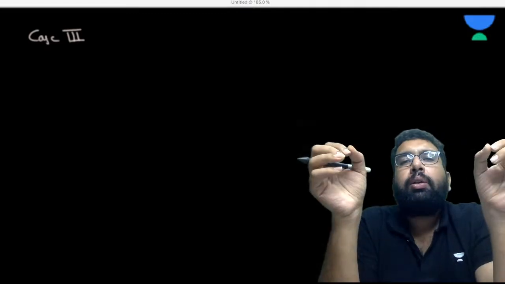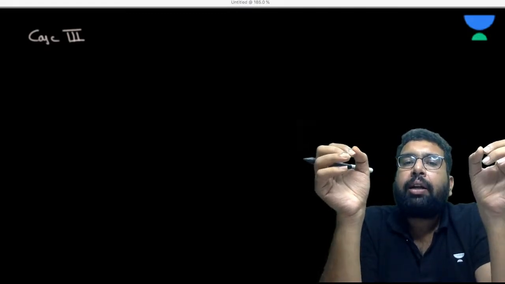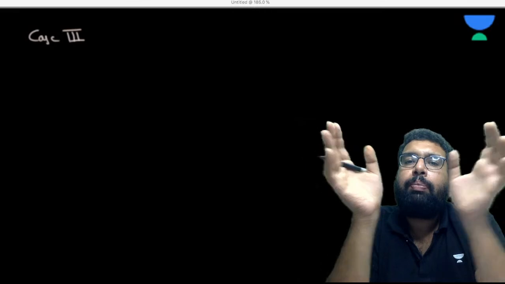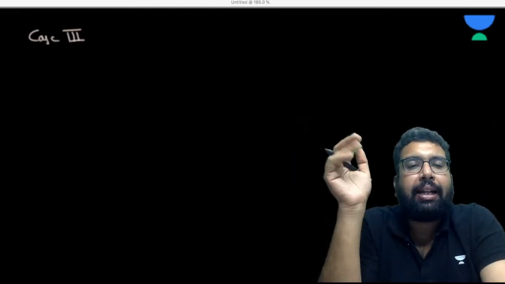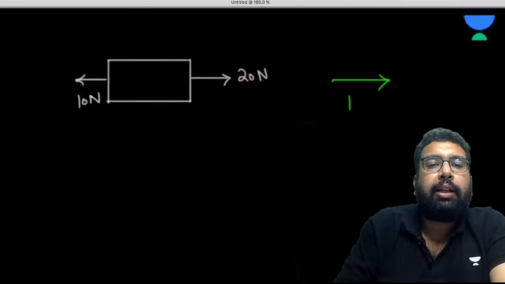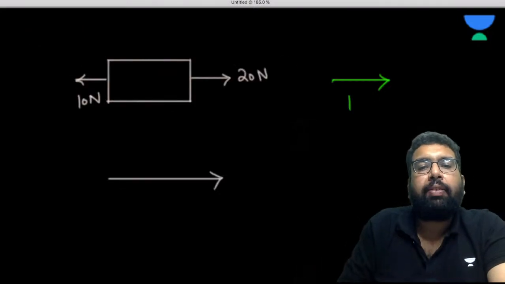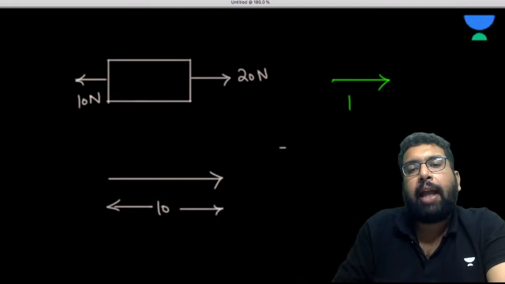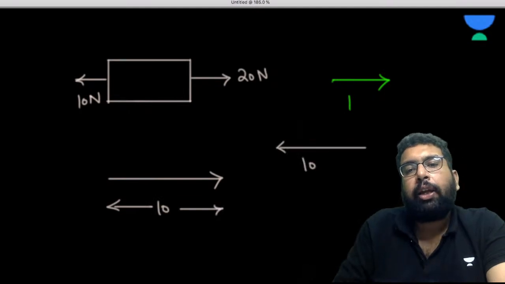We understood that the magnitude of a vector is given by the length of this head and tail of the arrow. This arrow length gives the magnitude. Let's suppose this is 10, and let's suppose this is 20.